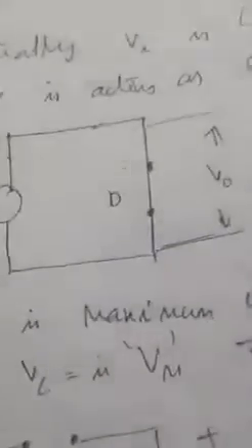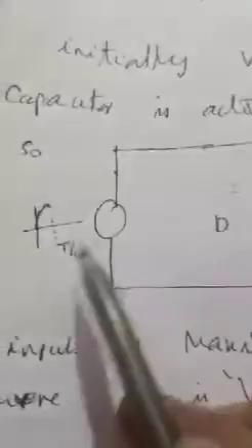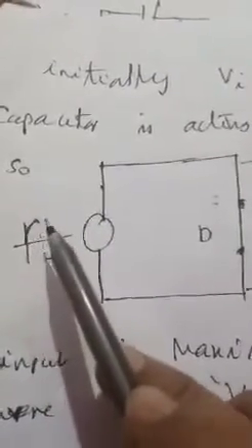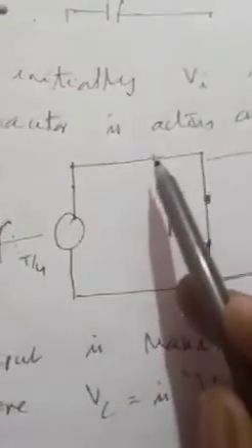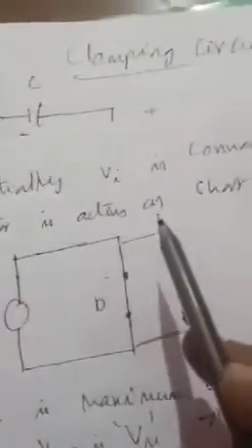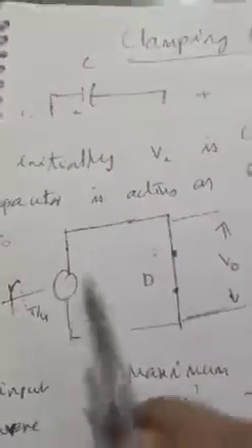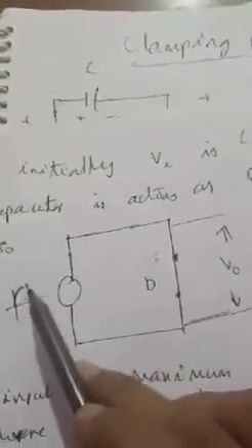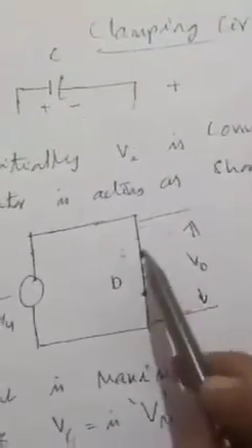During 0 to T by 4, a spike will be there. The capacitor acts as a short circuit, because during transient conditions, for fast variation of voltages, the capacitor acts as a short circuit. The diode is forward biased, hence it is also a short circuit.